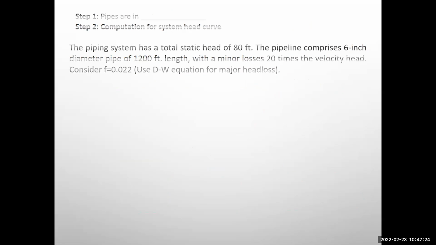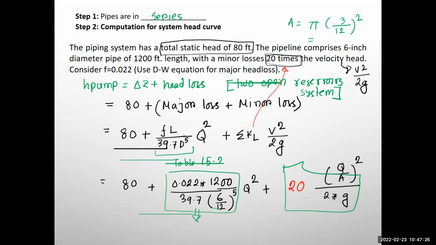Okay, anyone else has any number for this one? I got 6.3. Maybe you need to divide your number by A squared. Did you do that? It should be something close to 8. 20 divided by 2g. g will be what? 32.2. And the A squared, not A. It's Q over A squared. So you will divide that, what?